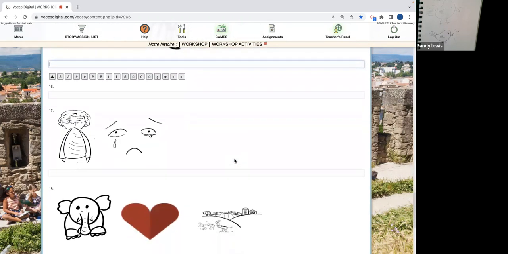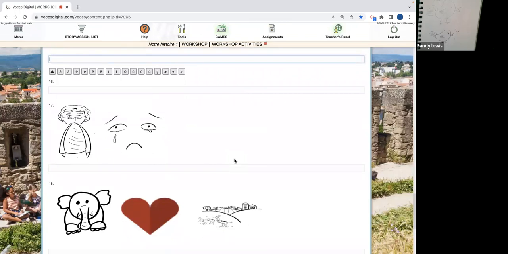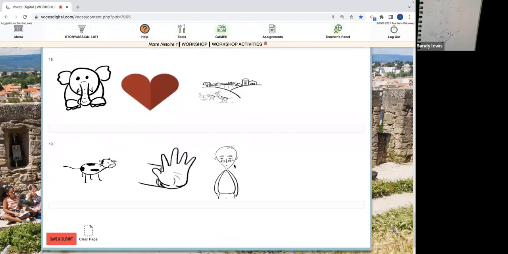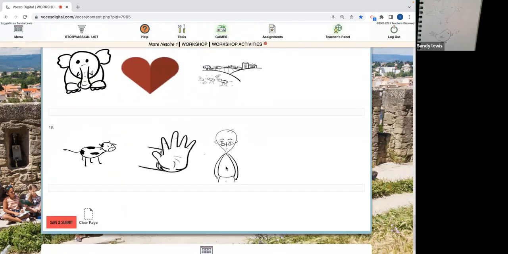Oh, really basic ones, but they feel successful because they're coming up with something. And the grandmother is sad. Can you add to it? The old grandmother is sad. The young grandmother is sad. My grandmother is sad, because you can ask them to add to these things. And there's the elephant loves the farm, and the cow stops the old man. We don't know why, but it stopped the old man somewhere.